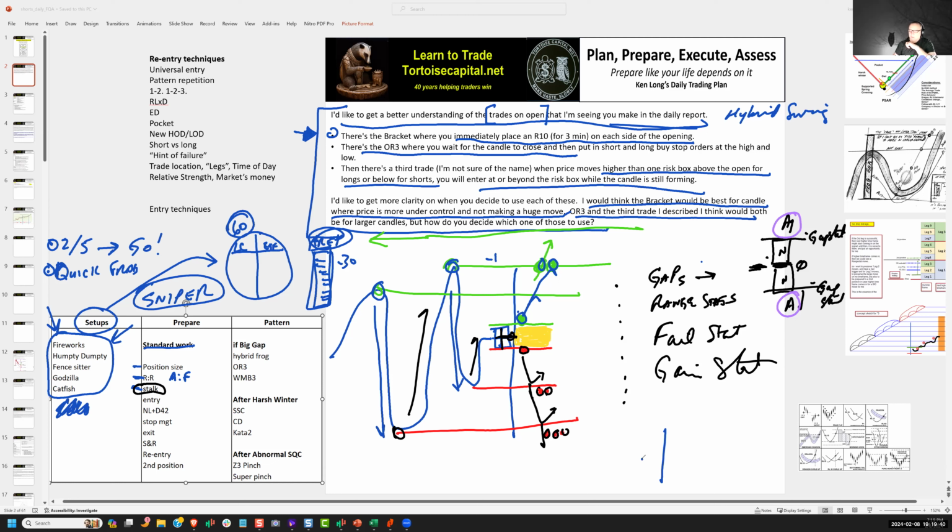So if this was where it closed and it gaps up, then the follow through to the close of the day is either going to be higher or lower. And if it gaps down, it's either going to finish higher or lower. So those are the 4 conditions.